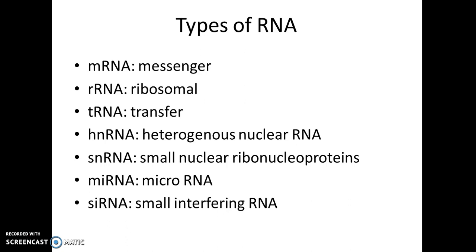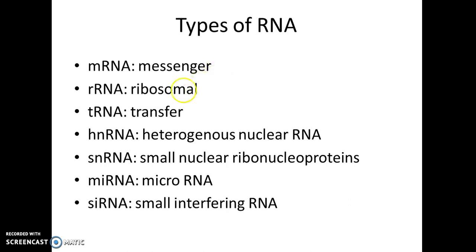There's hnRNA, which is heterogeneous nuclear RNA, and that is pre-edited, pre-spliced, pre-modified mRNA. There's snRNA, which are small nuclear ribonucleoproteins, and those make up spliceosomes. They have a really cool nickname called SNRPs.